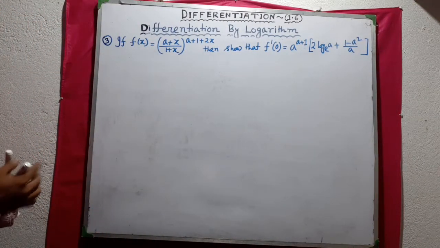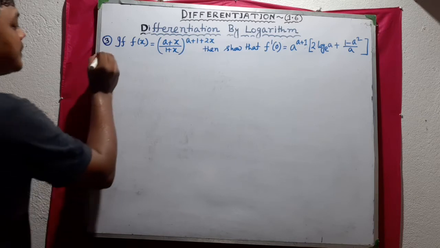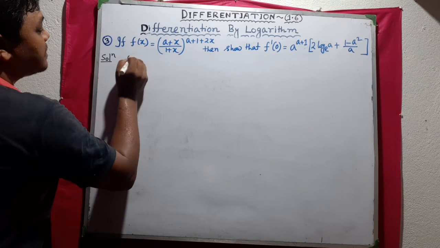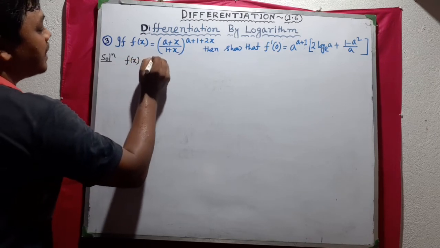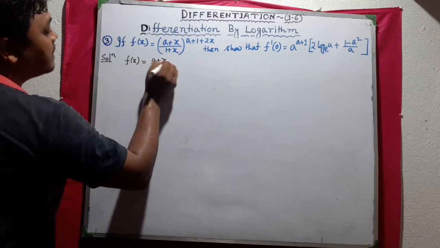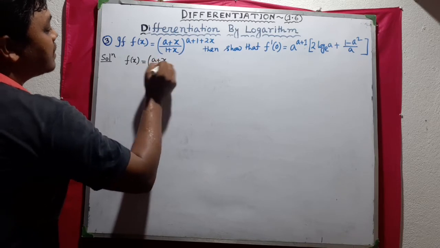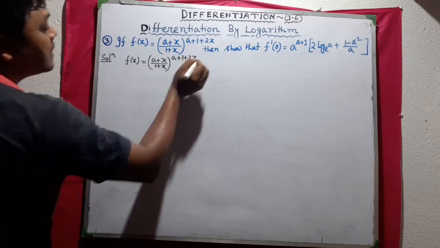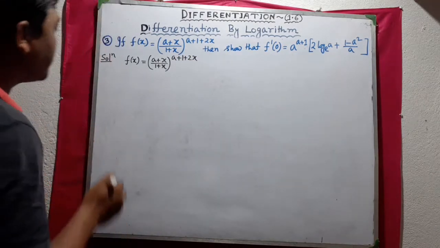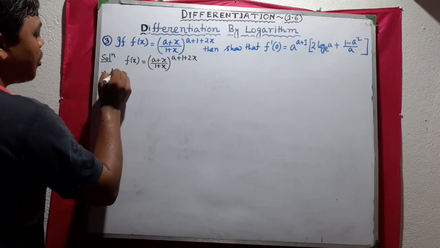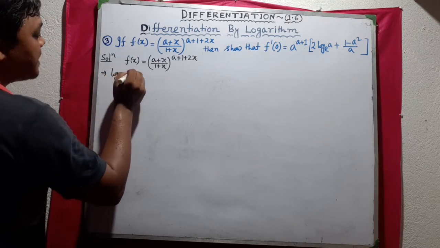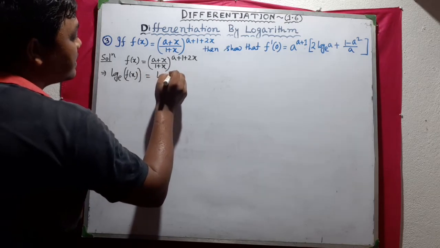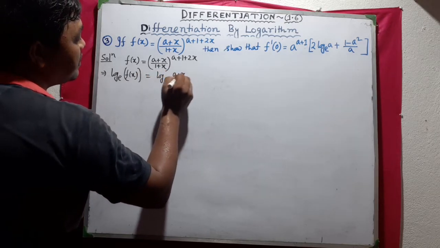Okay, so let us solve this problem. So the solution is that f(x) equals ((a plus x) by (1 plus x)) whole to the power (a plus 1 plus 2x). Now taking logarithm both sides. So log f(x) base e equals (a plus 1 plus 2x) into log base e of (a plus x) by (1 plus x).